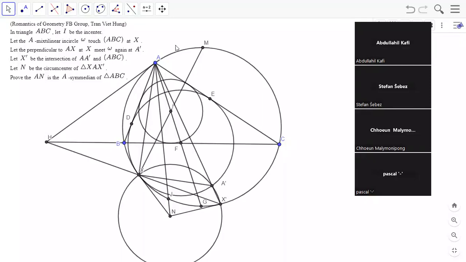So yeah, you have a triangle, you draw the mixtilinear incircle, it touches at point X, then you draw the perpendicular at X and it meets the circle again at A prime, and then A prime meets the big circle at X, and then N is the circumcenter of X, A prime, X, and we want to show that AN is the median. So that's the problem, and we've reduced it to showing that the tangent at A, BC, and XX prime are concurrent.